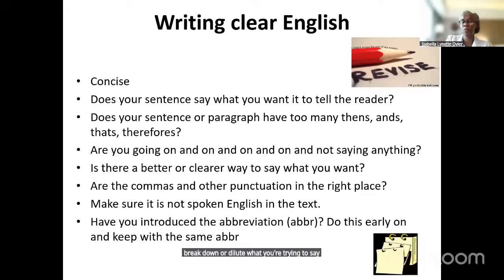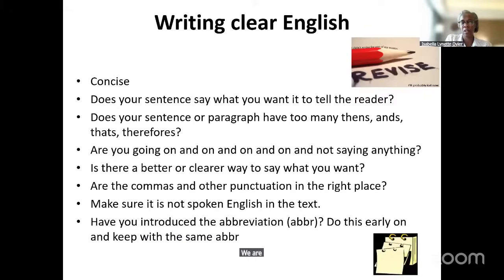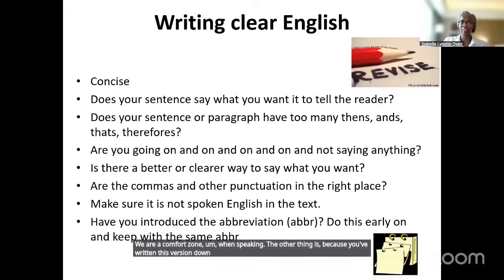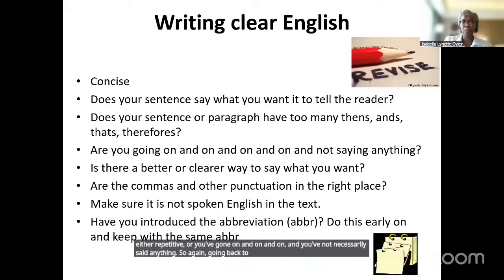So ensure you're not repetitive, and remove excessive "and"s, "that's", and "therefore", things we use in our comfort zone when speaking. The other thing is, because you've written this first draft, you'll find again that it's either repetitive or you've gone on and on and not necessarily said anything. So again, go back to check your writing to ensure there's a clear message coming across in as few sentences as possible.